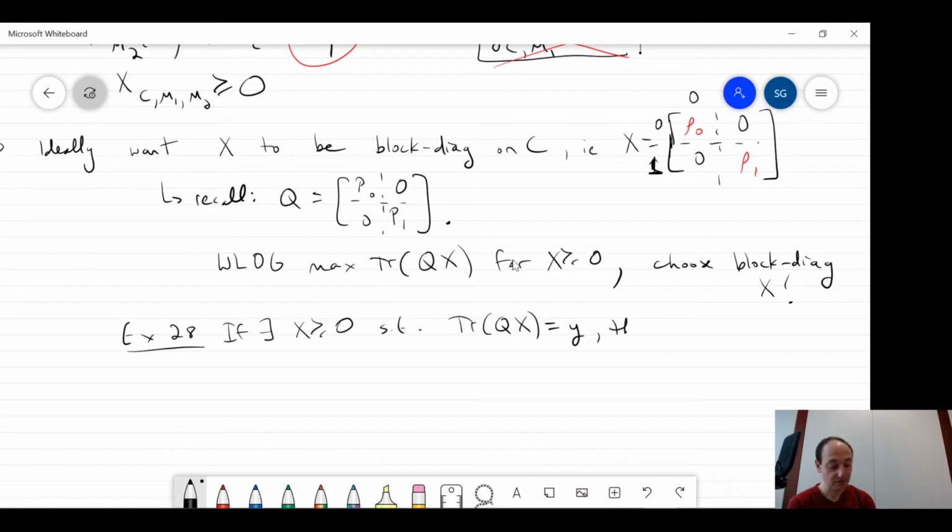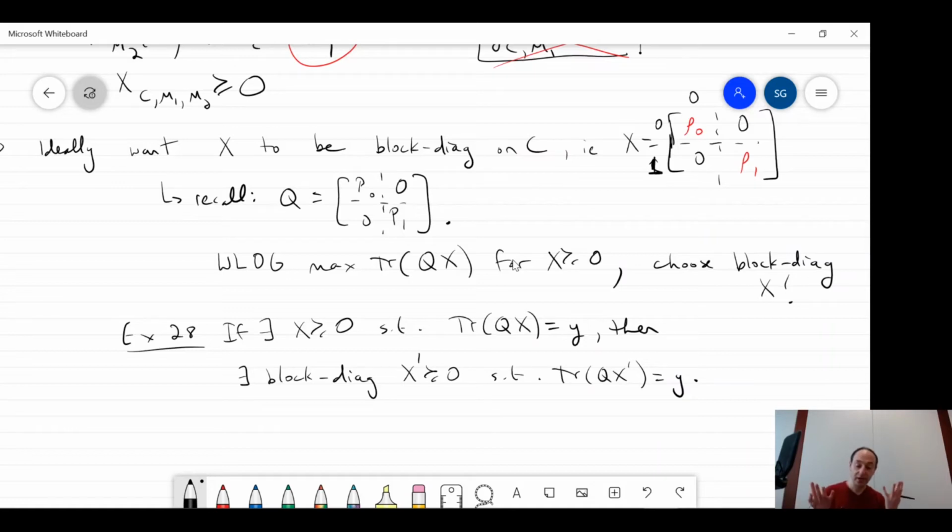Then there exists a block diagonal x prime, which is also positive, such that the trace of Q x prime is equal to y. This is how you formally state and prove these without loss of generality statements for SDPs. You just need to prove that if there was some other arbitrary solution, I could always rework it to look exactly the way I want and get the same objective function value y.